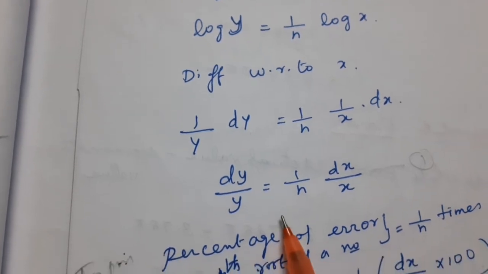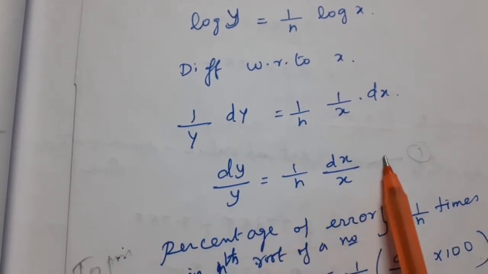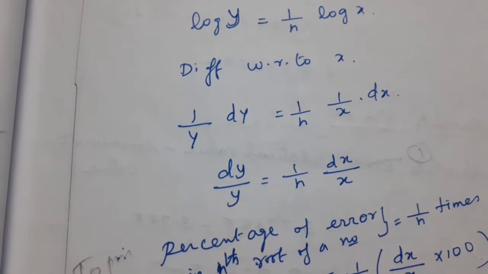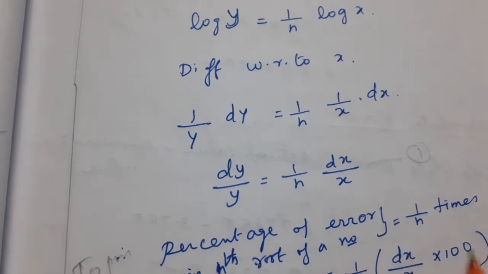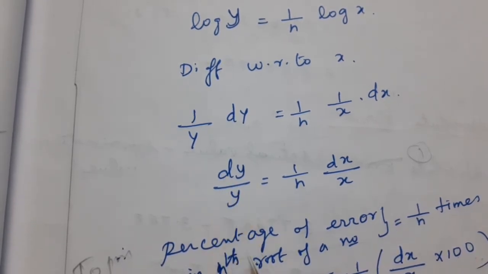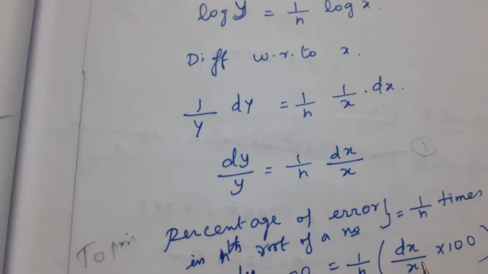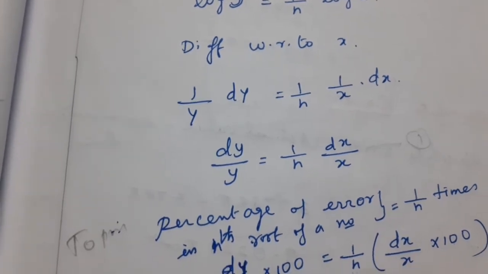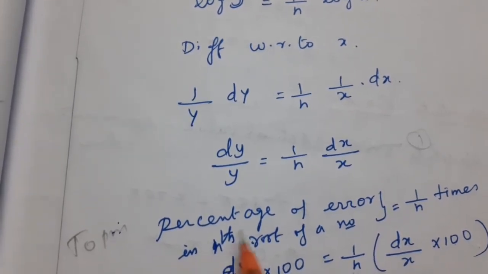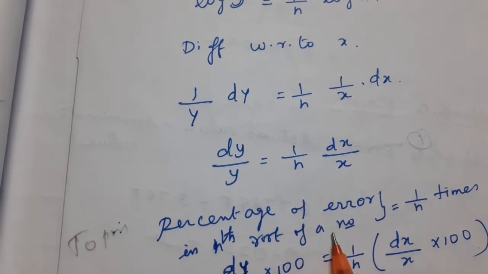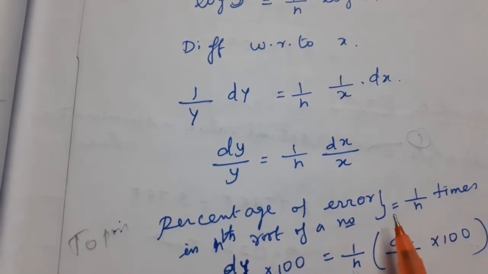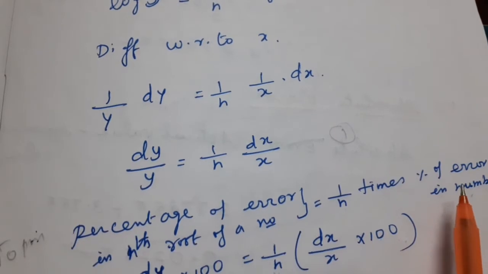Multiplying by 100 on both sides, dy by y into 100 equals 1 by n into dx by x into 100, because we are finding the percentage. Hence proved: the percentage of error in the nth root of a number equals 1 by n times the percentage of error in that number.